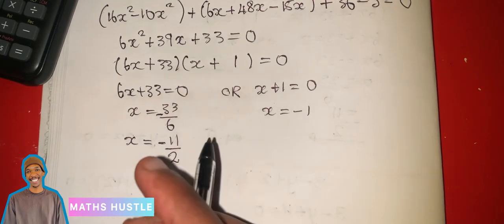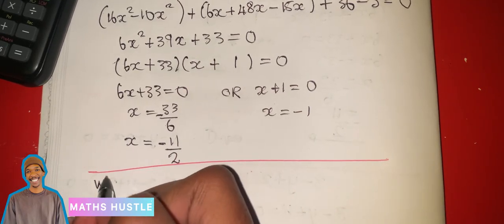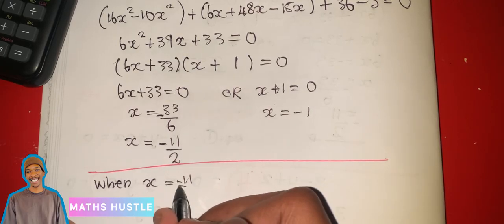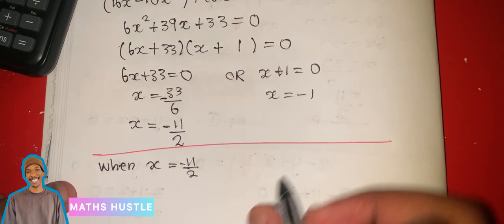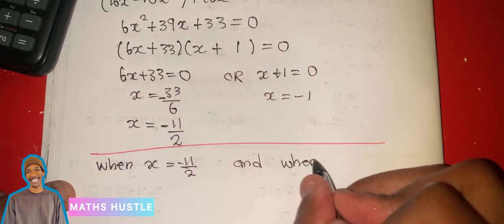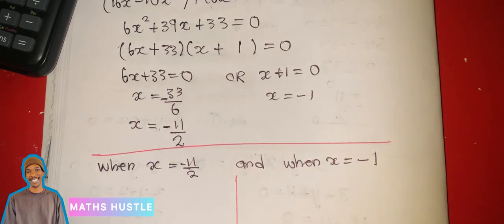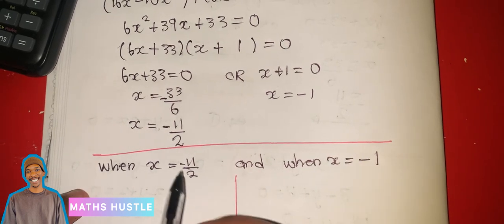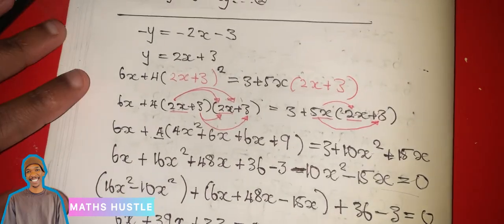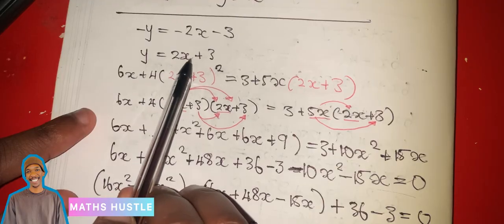You use your x values to solve y. When x is equal to negative 11 over 2 and when x is equal to negative 1. So when x is negative 11 over 2, you have this equation over here. We already established that y is equal to 2x plus 3.